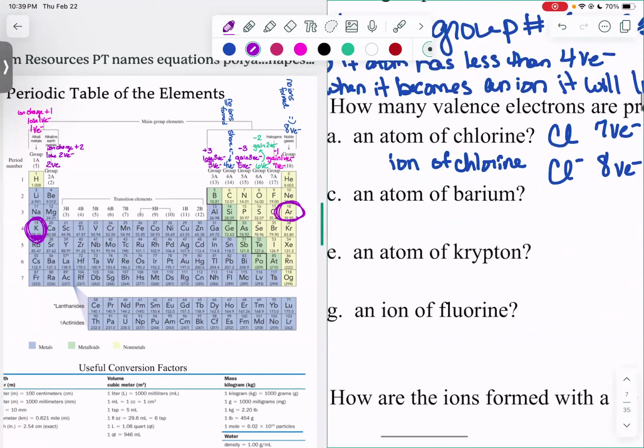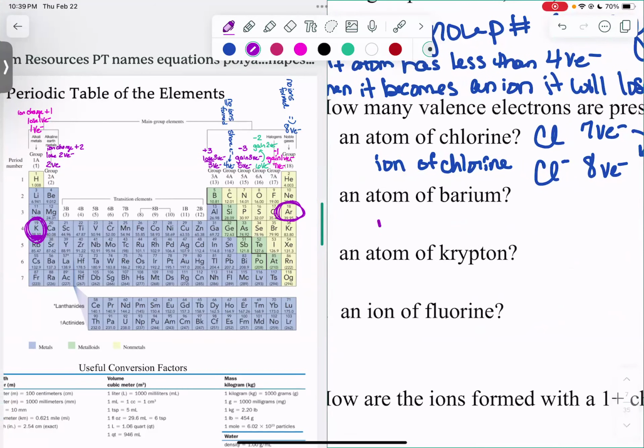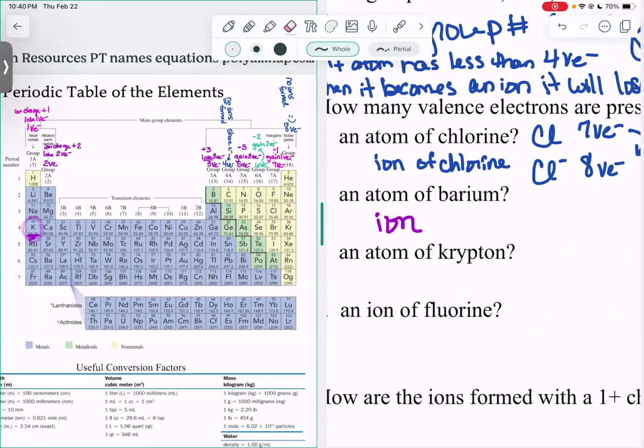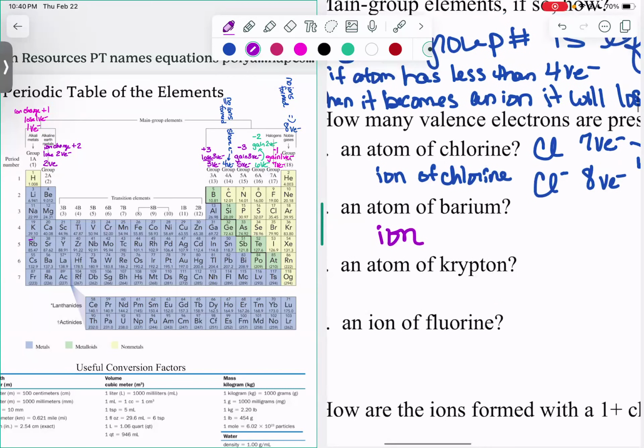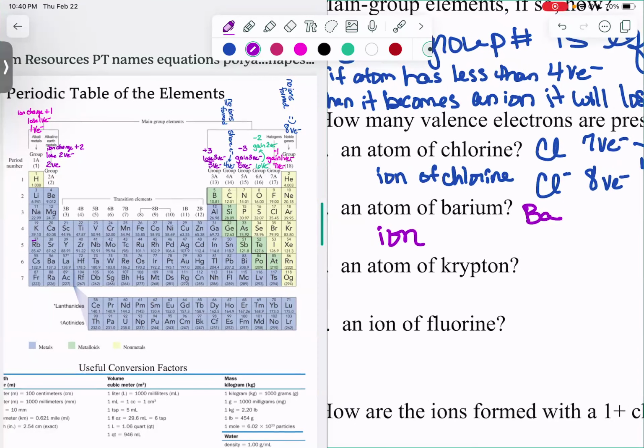Okay, we come over here. Let's see an atom of barium, and we want to also do an ion. So we want an atom of barium, and we want an ion of barium.